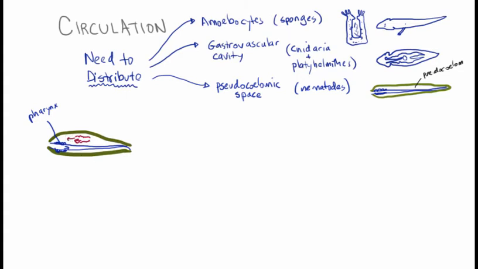That would have the effect of increasing the rate in which the coelomic fluid would be able to deliver nutrients and respiratory gases to the entire body of the animal. This extra pump that is circulating the coelomic fluid is basically serving as a sort of a heart.